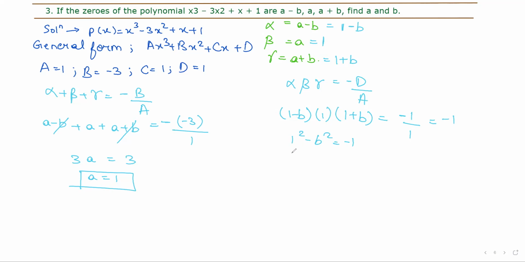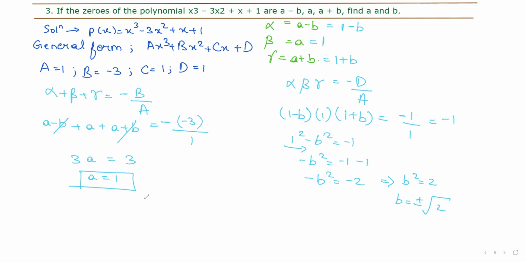Now it looks right. This is minus b square is equal to minus 1 into minus 1, because this k square will go on the right hand side. Minus b square is equal to minus 2, implies b square is equal to 2, which means b is equal to plus minus root 2. You will have to write plus minus from here onwards whenever you take a square root.